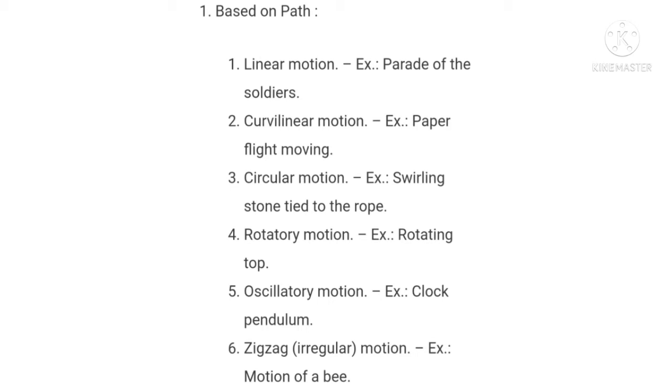Curvilinear motion, example, paper flight moving. Circular motion, example, swirling stone tied to the rope. Rotatory motion, example, rotating top. Oscillatory motion, example, clock pendulum. Zigzag irregular, example, motion of a bee.